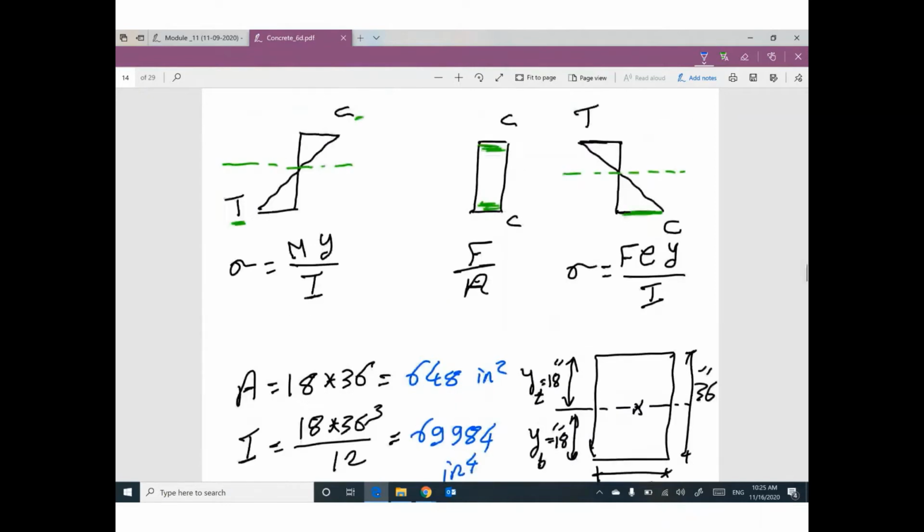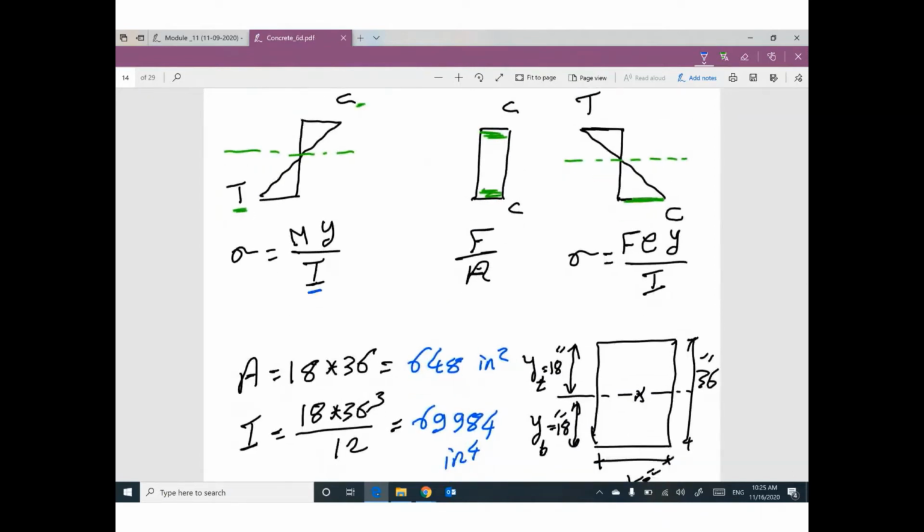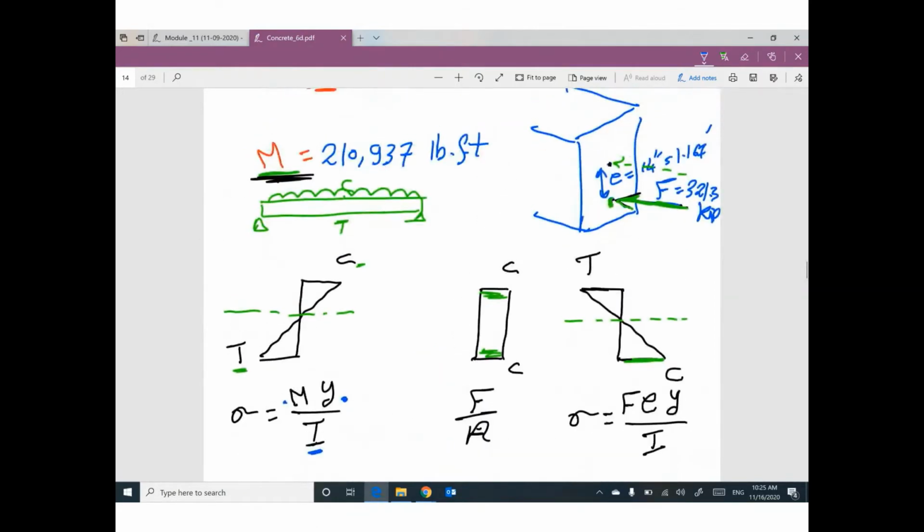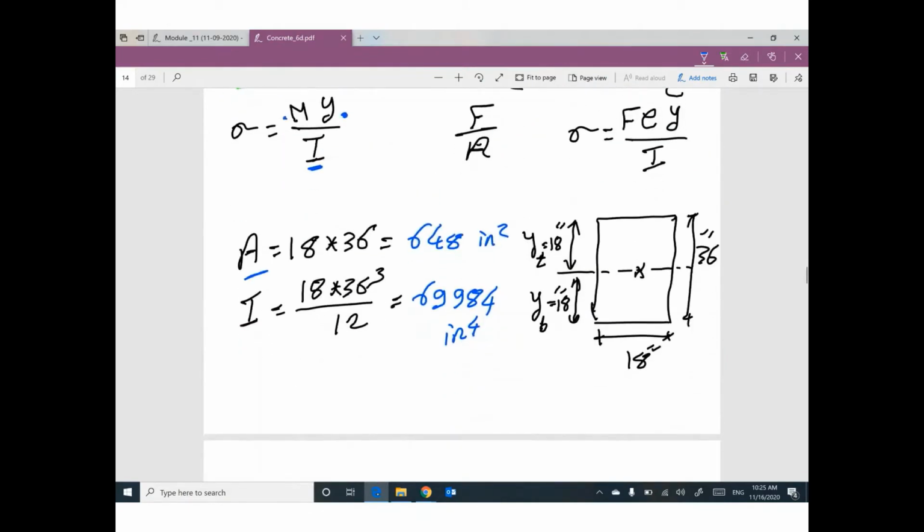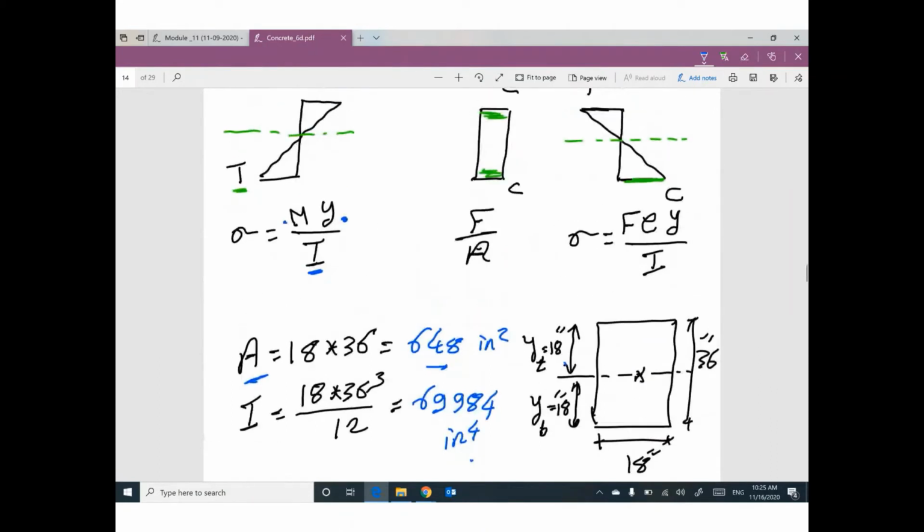So we have I, we have Y, and we have moment. But please be careful, because this moment in pound feet, and everything in the section properties in inch. So make sure your units are consistent.